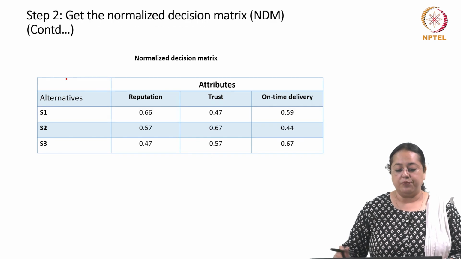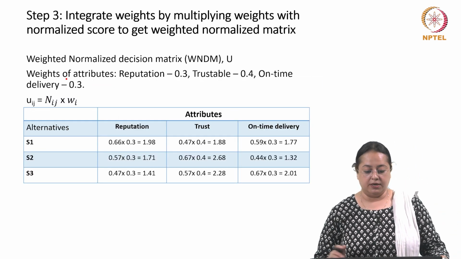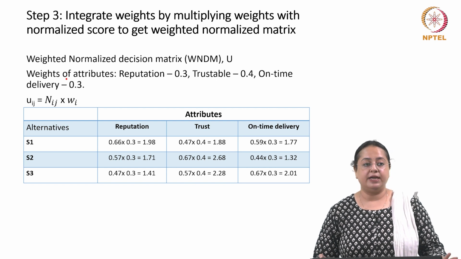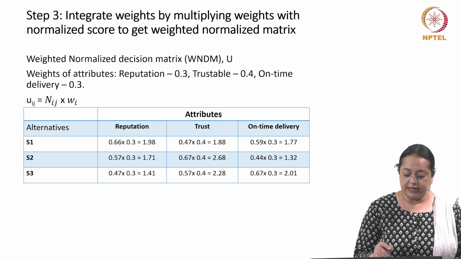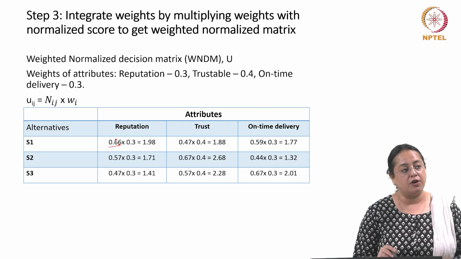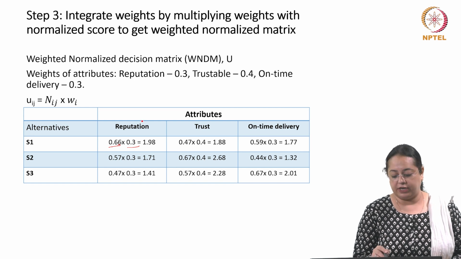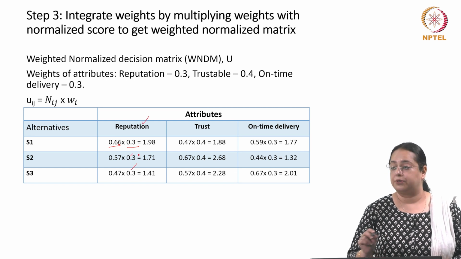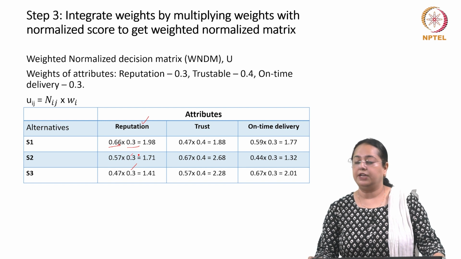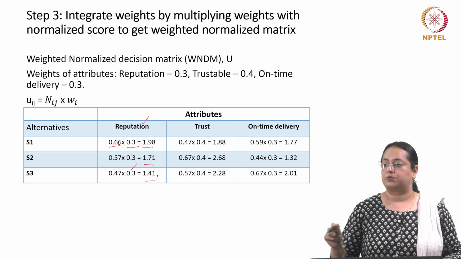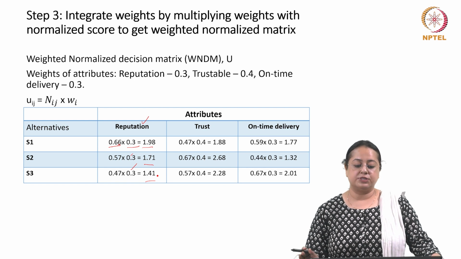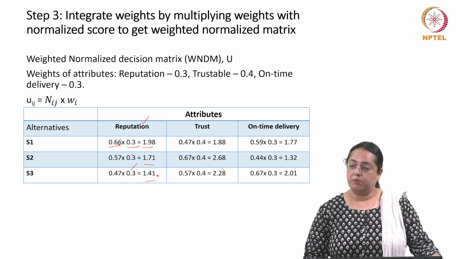Now I get step 3, the weighted normalized matrix, where I will multiply each normalized score with the respective weight of the attribute. So now I get the weighted normalized scores. This is step 3, the weighted normalized score.